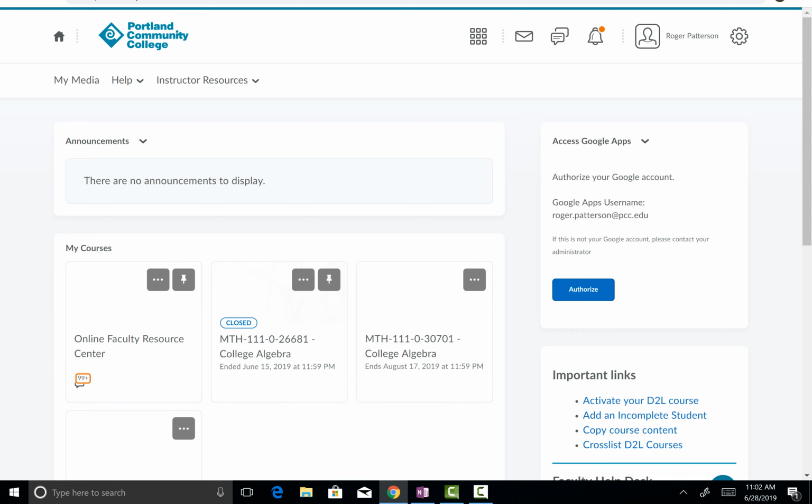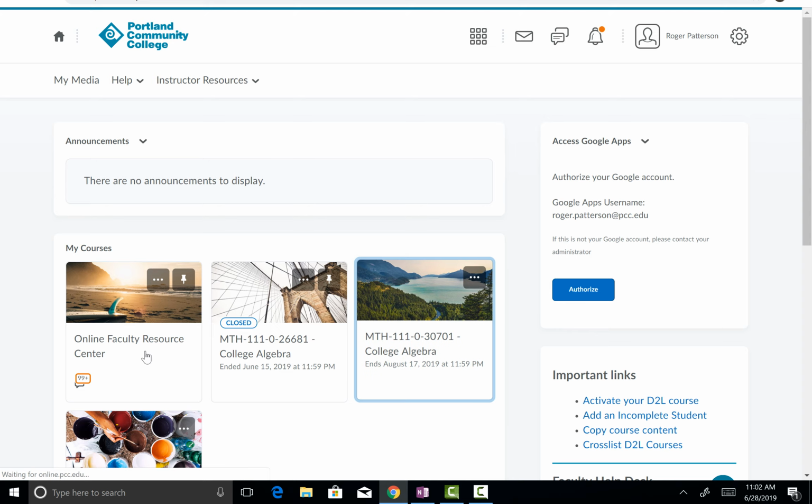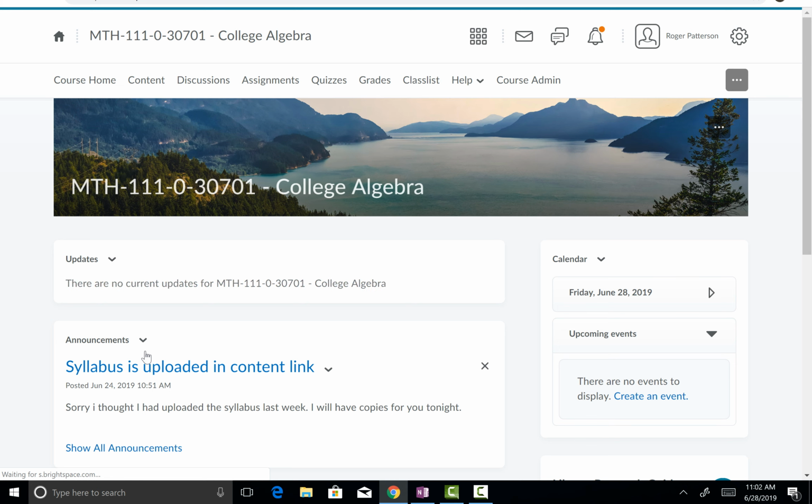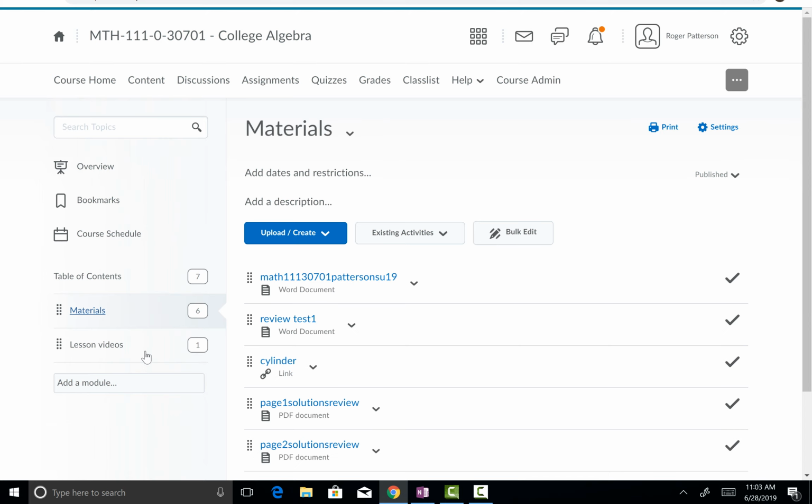Here's where we are, and we're going into this course. Here's where everything is, and hopefully you've already accessed this. As you can see, I put in the lesson video from Wednesday, but we're interested in the materials. That's where we want to go. I put this in the other day, so I'm hoping that it works. There's my solutions for the test, my review, the syllabus, but we want this cylinder link here.